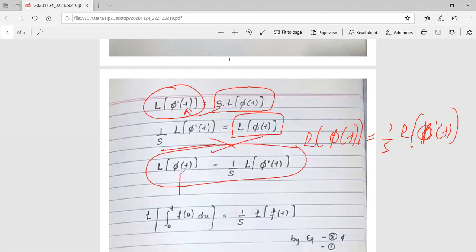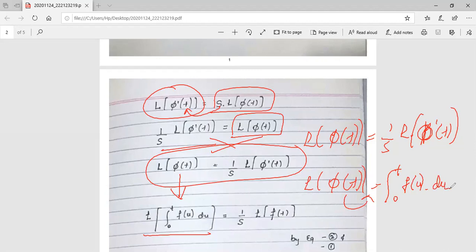And you already know, according to the definition, the Laplace transformation of phi of t. This function phi of t we take from equation number 1, that is integral over 0 to t of f of u du.